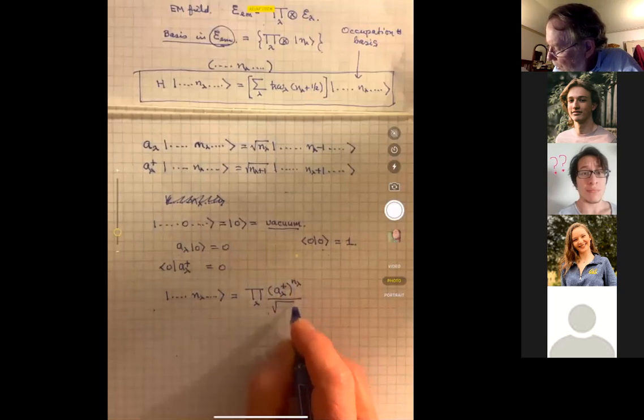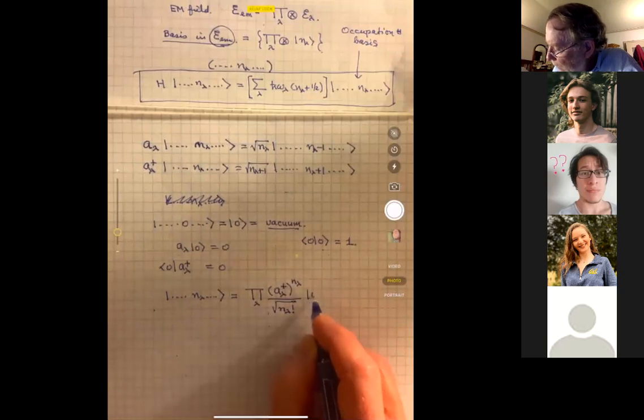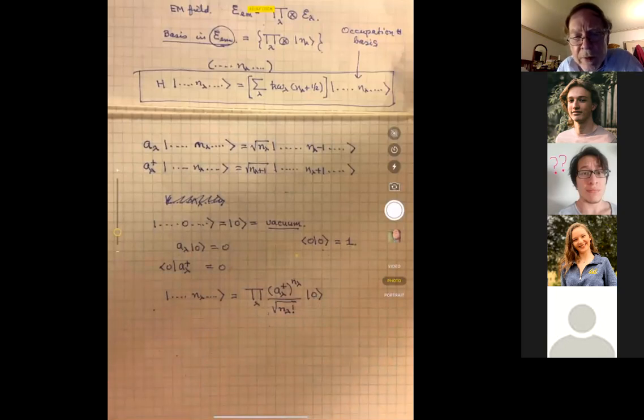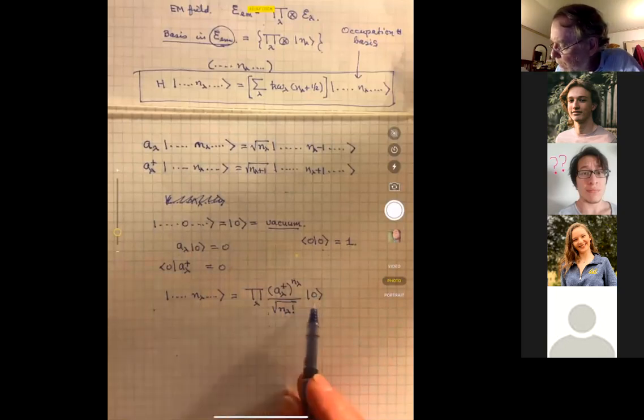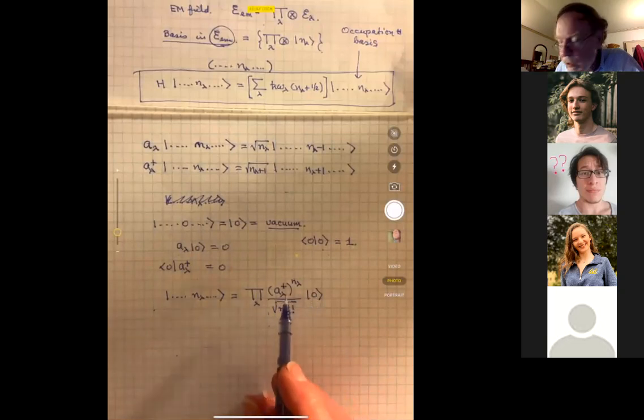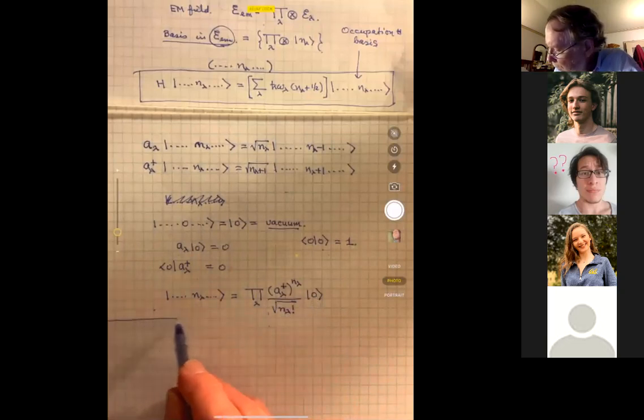We have to divide by the square root of n_λ factorial to make it normalized. And then that whole thing acts on the vacuum. So this gives us an explicit formula for an occupation number basis state in terms of the vacuum and the creation operators applied to it.